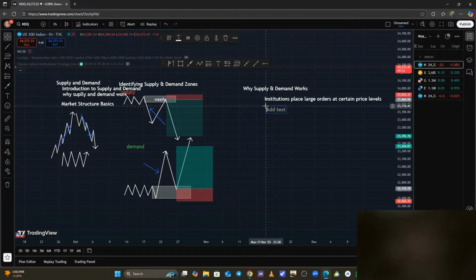You are given a higher win rate, because when you're trading with institutions, your likelihood of losing money is low. So that's the number two reason why supply and demand works: you are trading with the institutions.